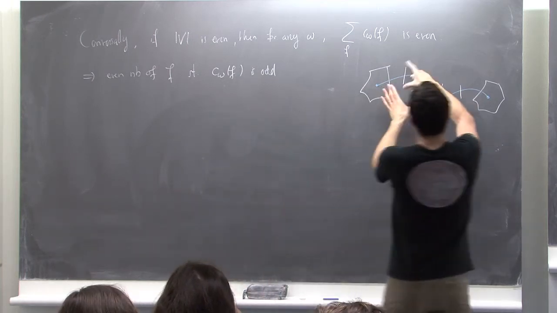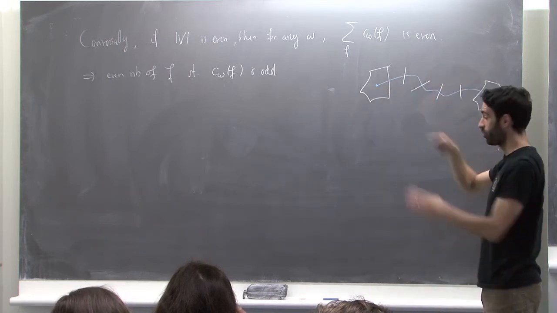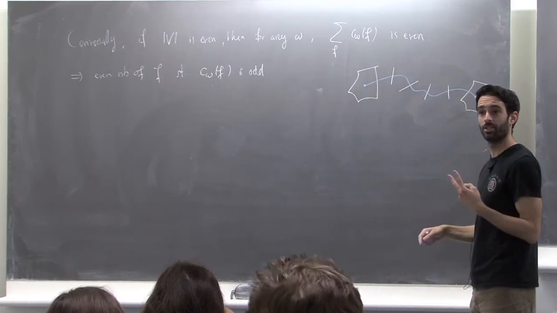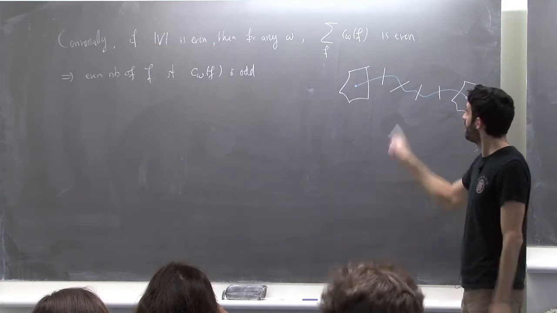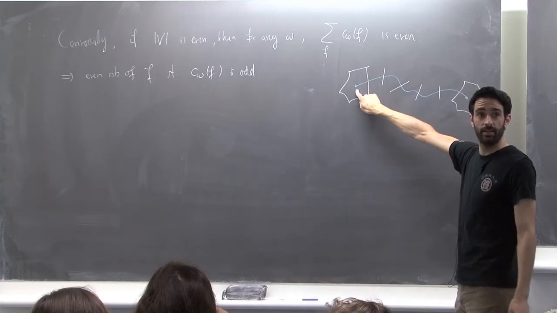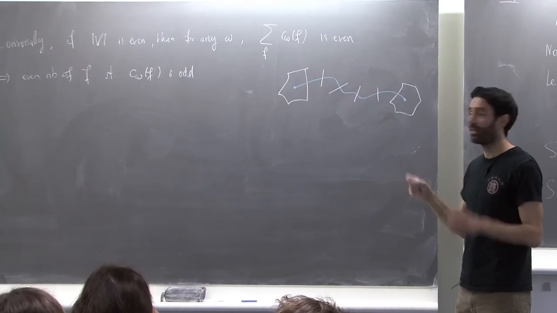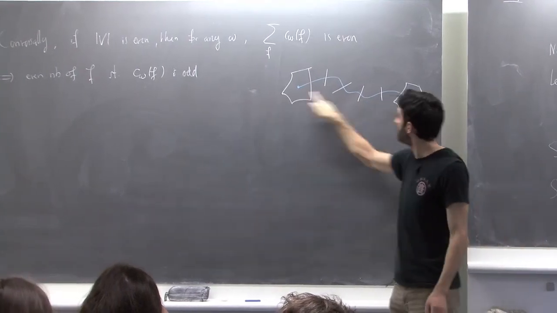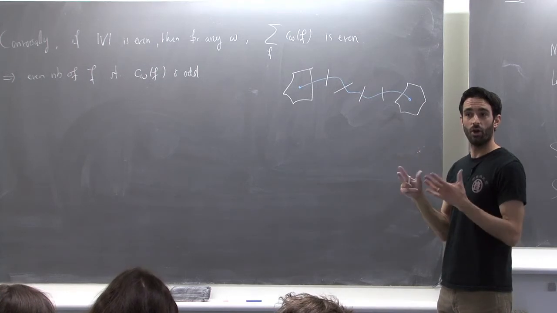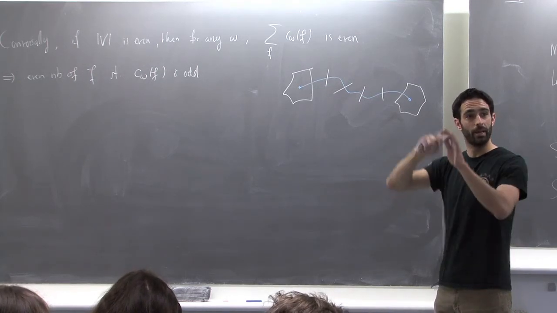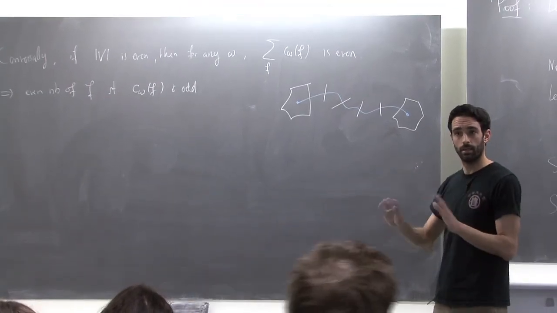And you see that each of the faces you will cross twice, so you will not change anything, except this first face here and this last face here, which we have crossed only once, and therefore you change the parity of C omega on these two faces. You have an even number of these faces, so you can pair them up like that, and then you're done.